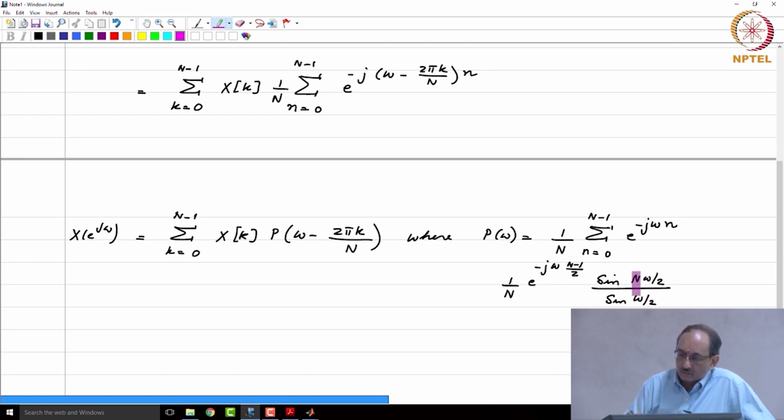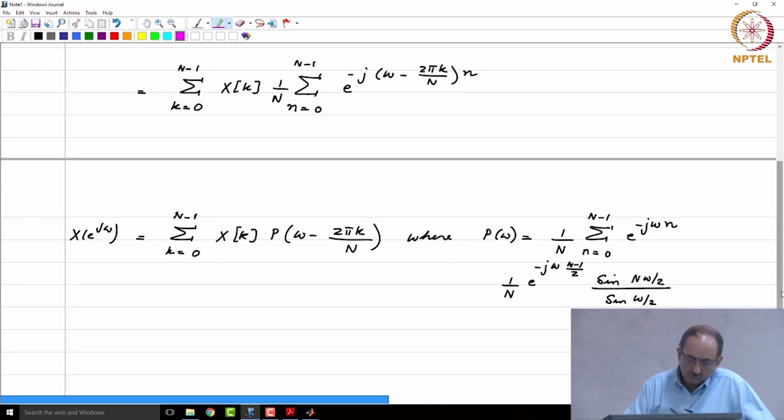You will be able to easily see that when ω equals 2πk/N, this will have a non-zero value. For every other value of k, this will go to 0.